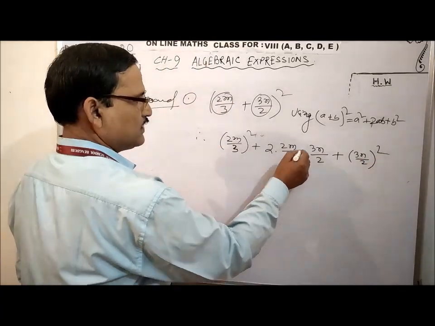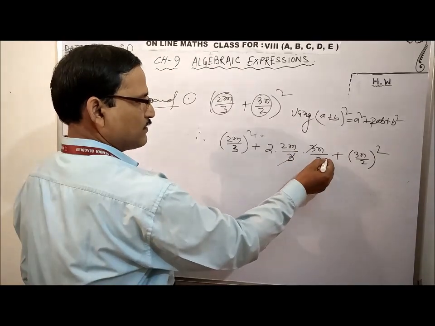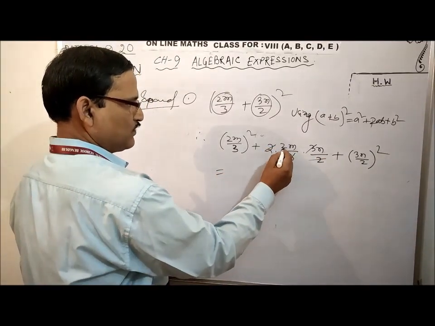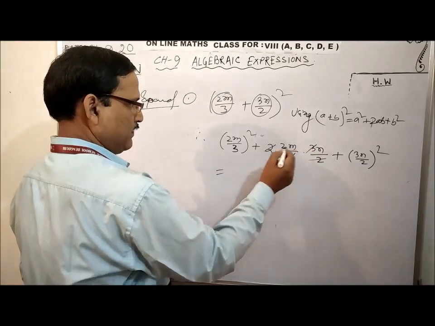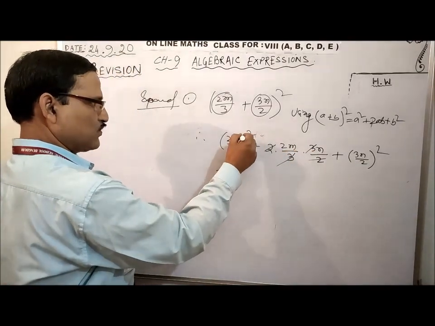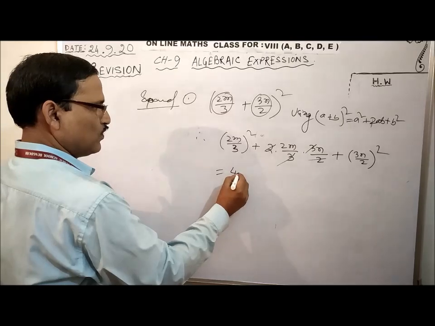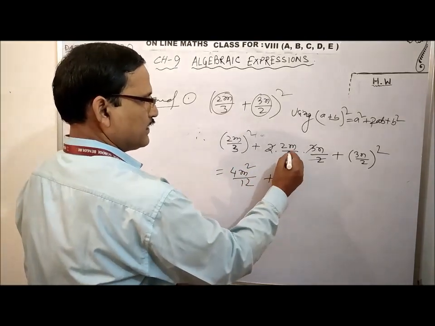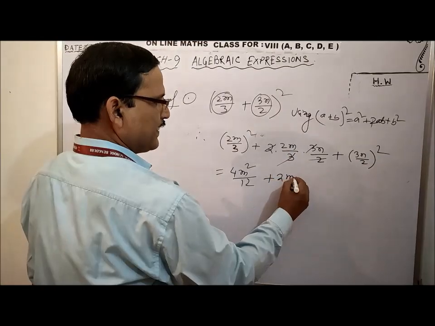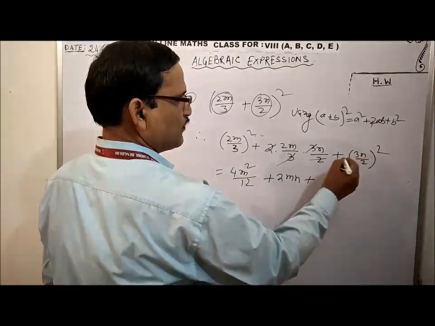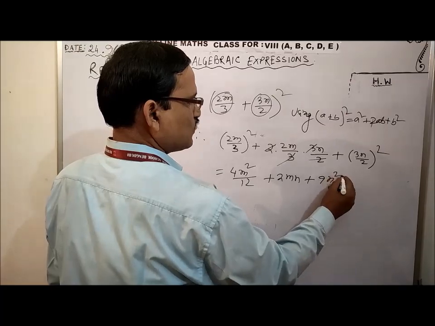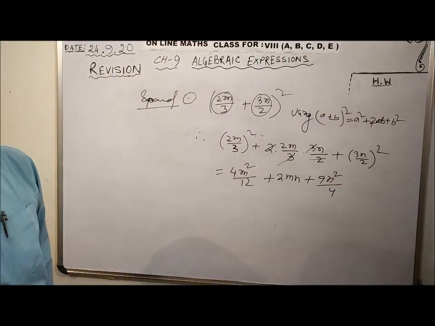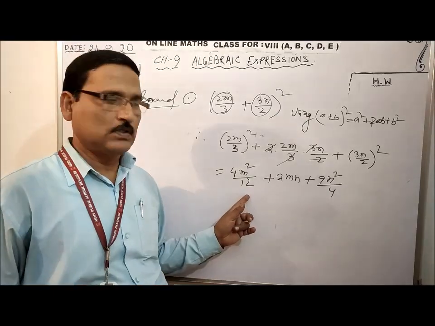Now here these 2s and these 3s cut in the multiplication. What is left out? Only the numerical factor 2 and mn. So when you find the square of this, it will be 4m square by 9 plus 2mn plus 9n square by 4. Clear?